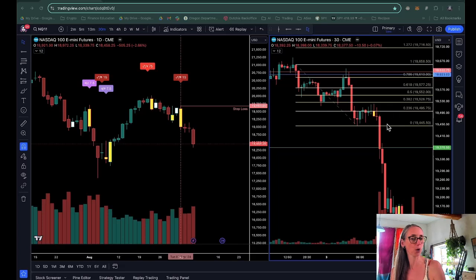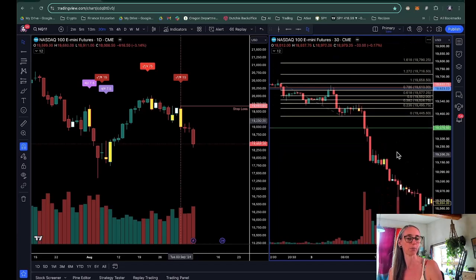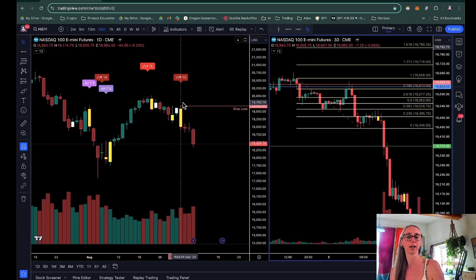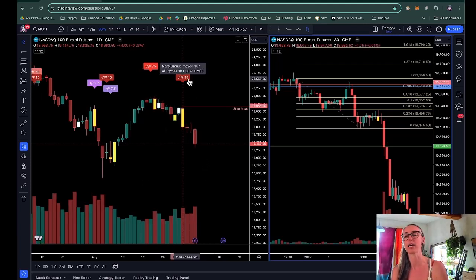I took some profit here at this double bottom to get my position risk-free, because my initial stop was at the 382, and I wanted to move my stop up to the high of the day, which was a little higher than the 382 retracement. Then I took profit at several points along the way, because this was a particularly big move down on this day. You're left with a position you can hold that is risk-free with your stop at the high. So that's an actionable trade setup based on time cycle pivots.